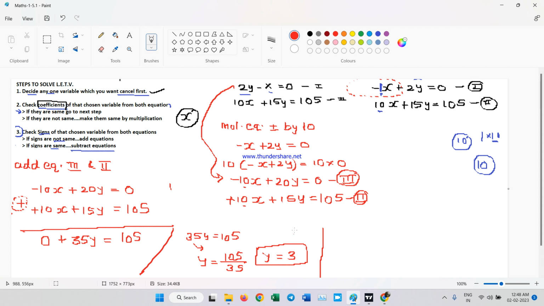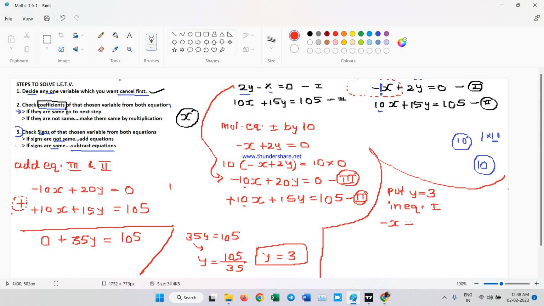As we all know the next step, to get the value of x, I will choose the simple equation. As you know, equation number 1 was quite simple, so I'll choose that. Don't do this in exams, I'm just doing it to occupy the maximum place in the window. Put y is equal to 3 in equation 1.